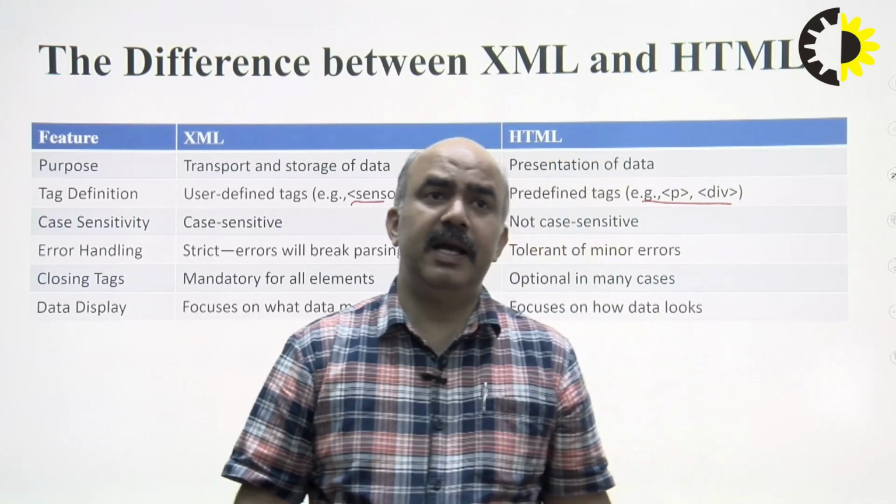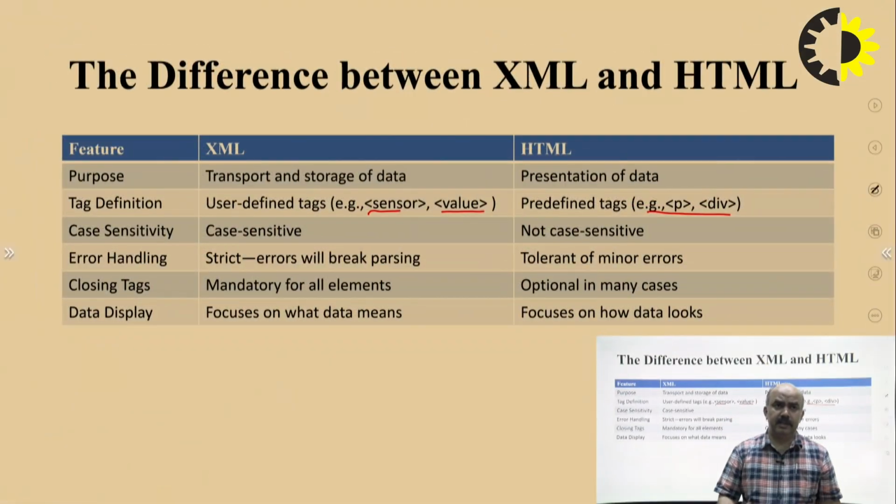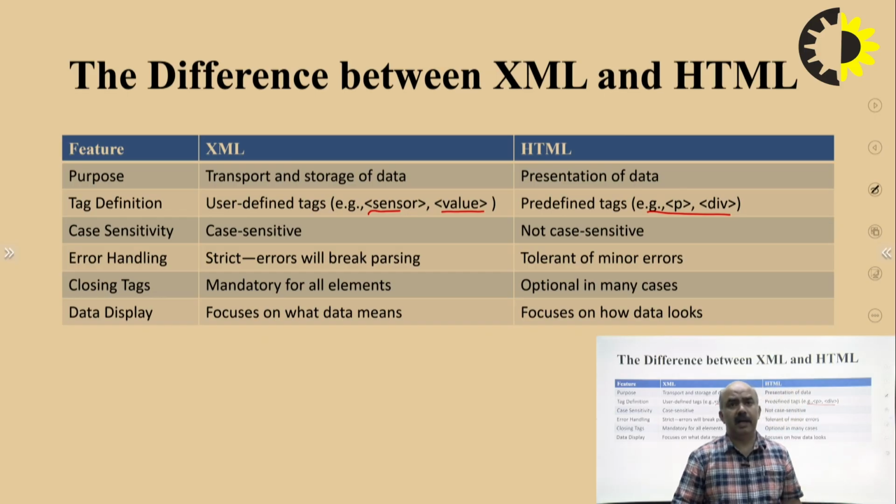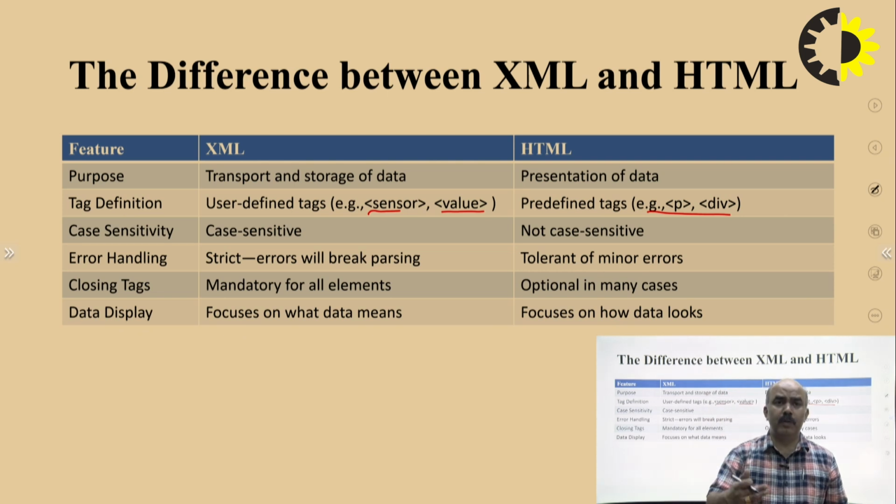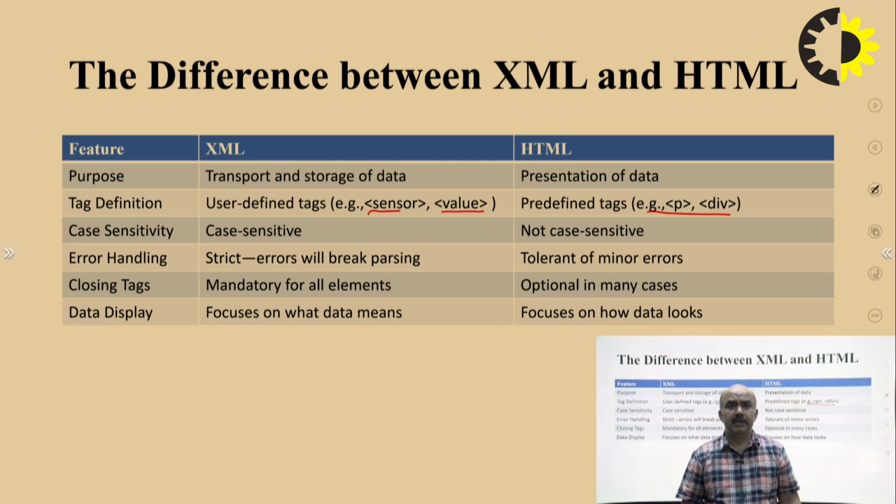In XML, the tags are case sensitive, but in HTML they are not case sensitive. Error handling: a strict error will break the parsing. If there is an error in XML, then that document will not be parsed. But compared to HTML, minor errors are tolerated.